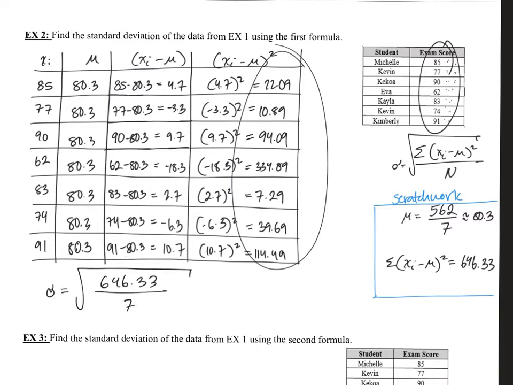Okay, let's go ahead and compute this. So I plugged it into my calculator and took the square root, and it's approximately 9.6. I'll pause there, rounding off to the tenth place, unless otherwise directed. So standard deviation is, using approximation symbols, 9.6.